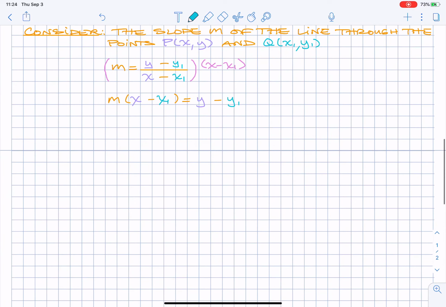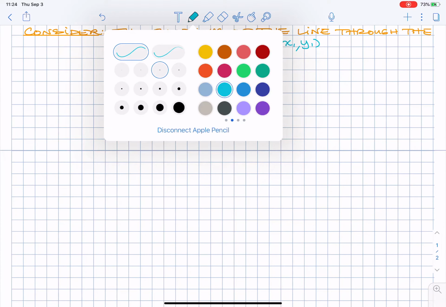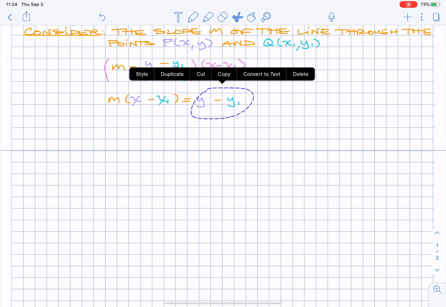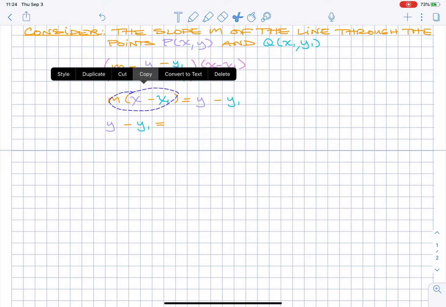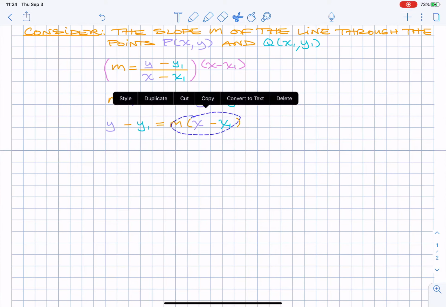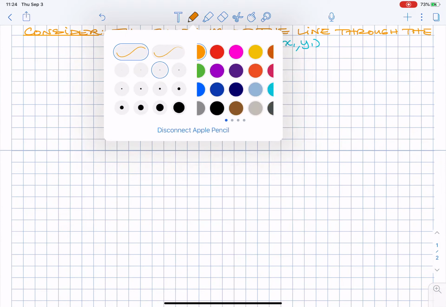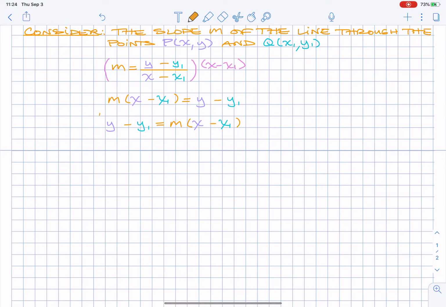Now if I flip this around, y minus y1 is equal to the slope m times the quantity x minus x1. This is the point-slope form of a line, right?